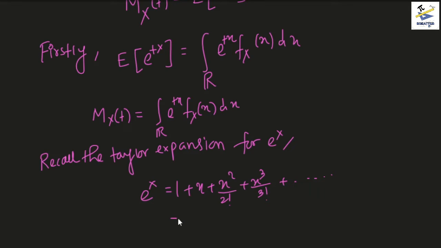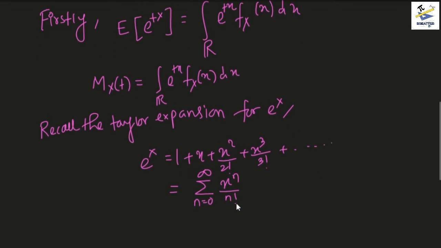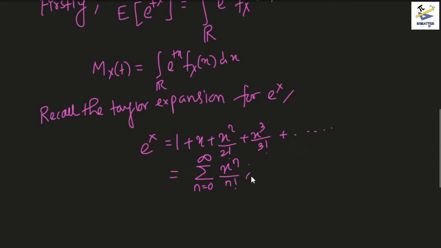This can be written in summation notation as, right, and as we know this converges for all x.